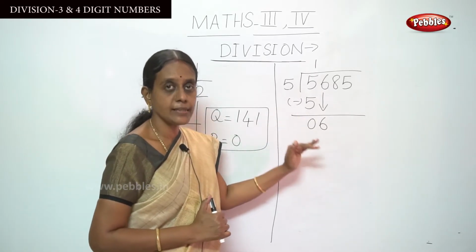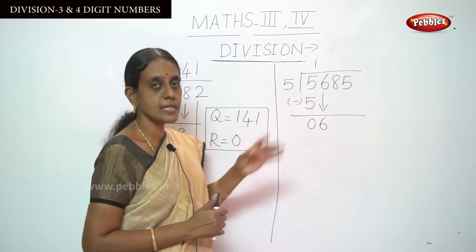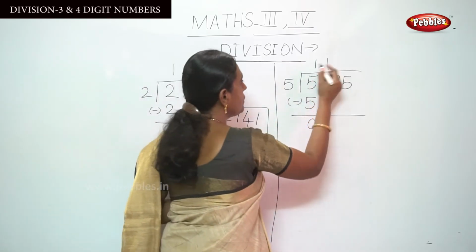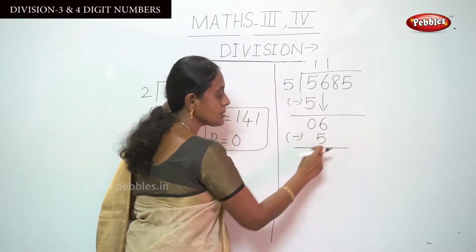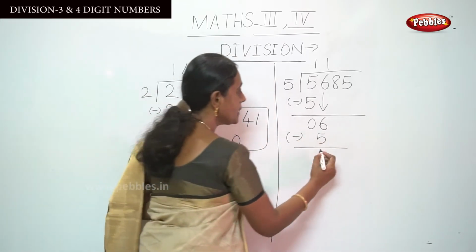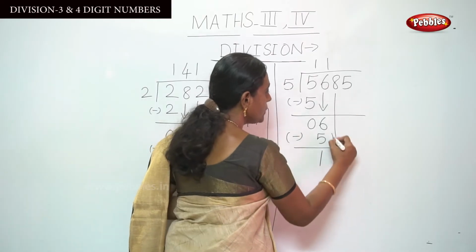So you should take 1 5 is 5, and subtract, 6 minus 5, that is 1, and put down this 8.